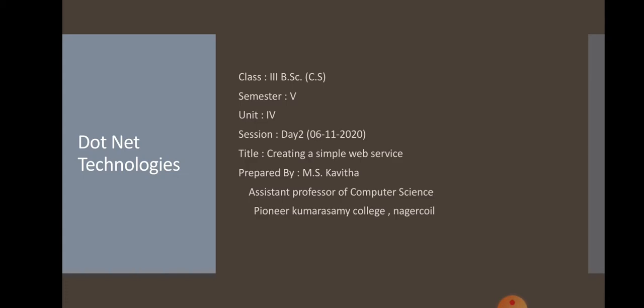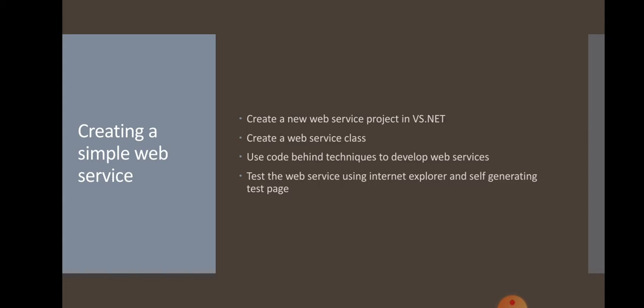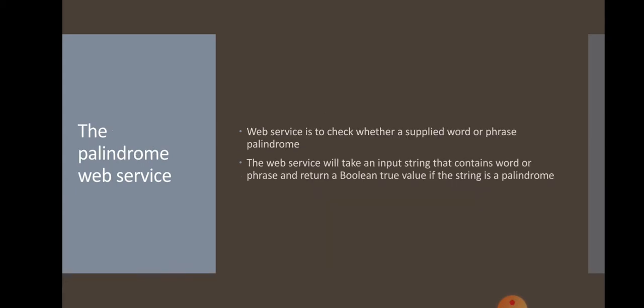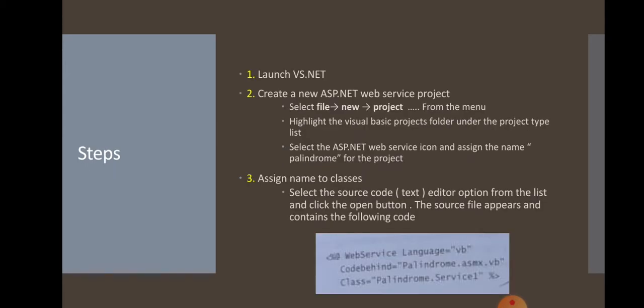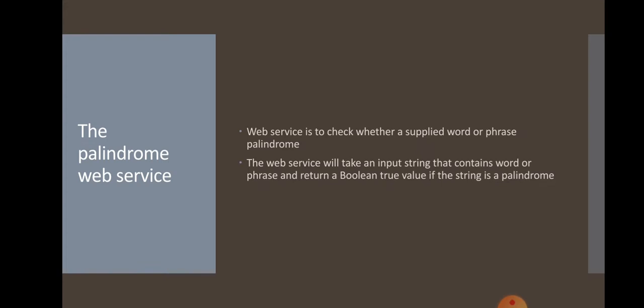Here we are going to check whether the given text is a palindrome or not. In this web service, it will accept an input string that consists of a word or phrase.